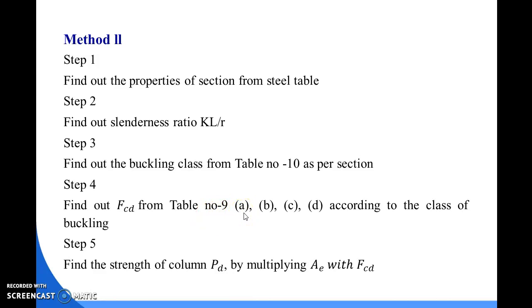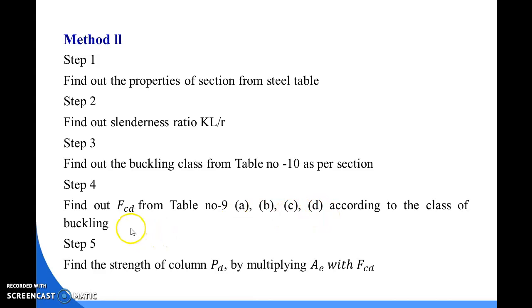Similarly, for buckling class B, we can find out the fcd value from table number 9B. Like that, we can find out the fcd value for buckling class C and D from table number 9C and 9D.